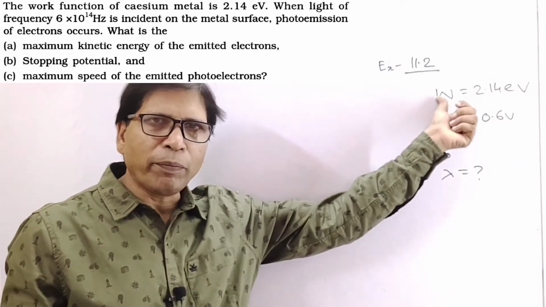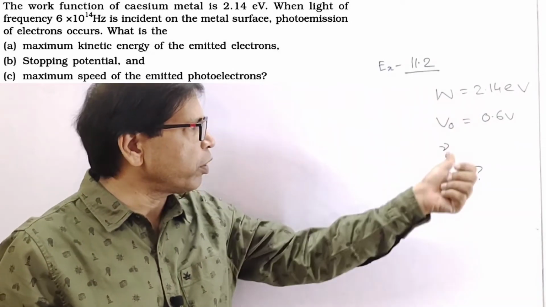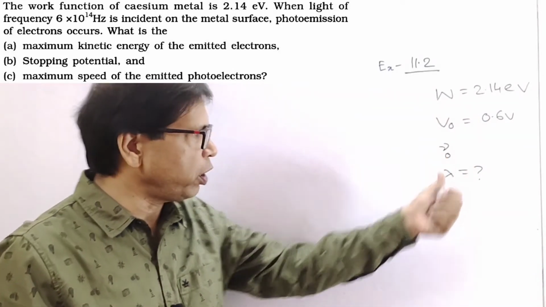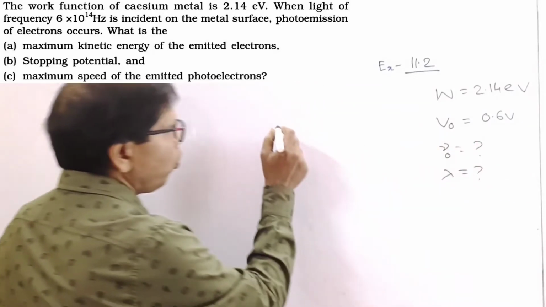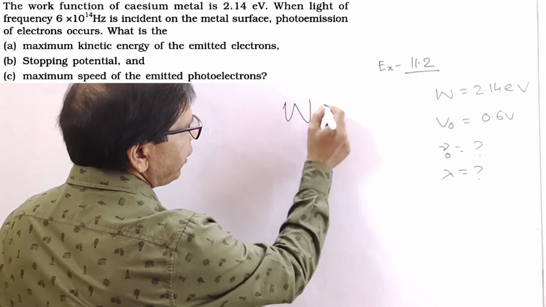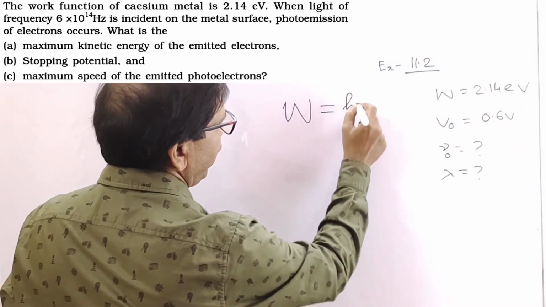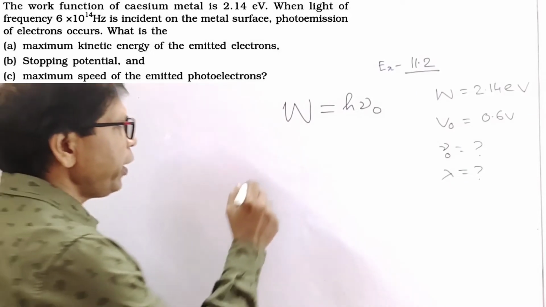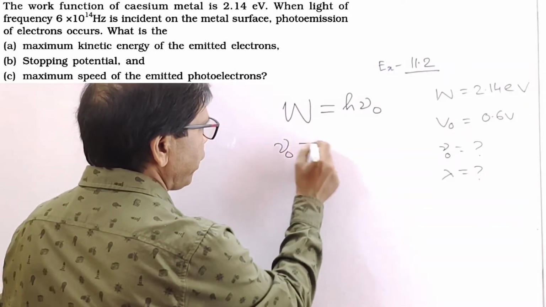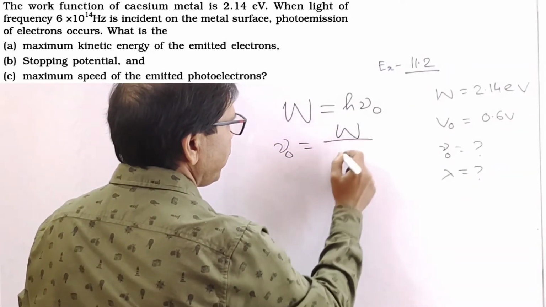So here work function is given. We have to calculate the threshold frequency nu naught. We know the work function W is equal to h nu naught. Understood? So here nu naught is equal to W by h.